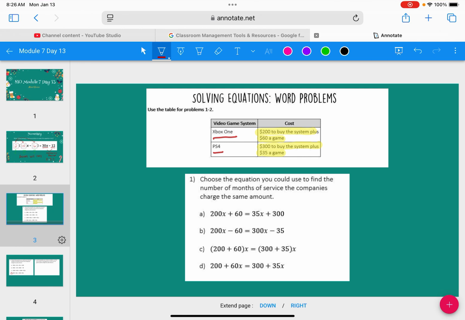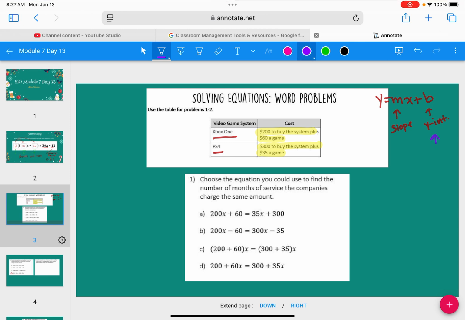Thinking back to our past modules where we were writing equations like y equals mx plus b, m is the slope and b is the y-intercept. In this case, our y-intercept is going to be the cost of the console, so that's the one-time upfront payment. But the slope is going to be the amount you pay per game.